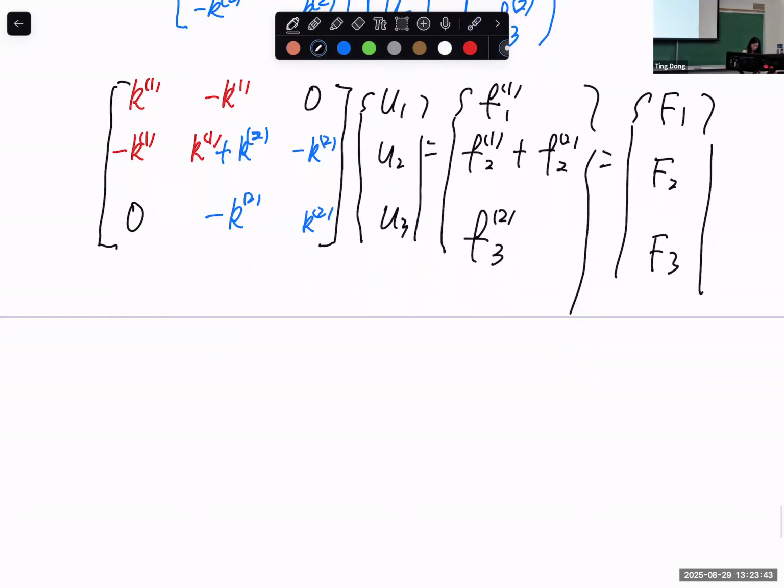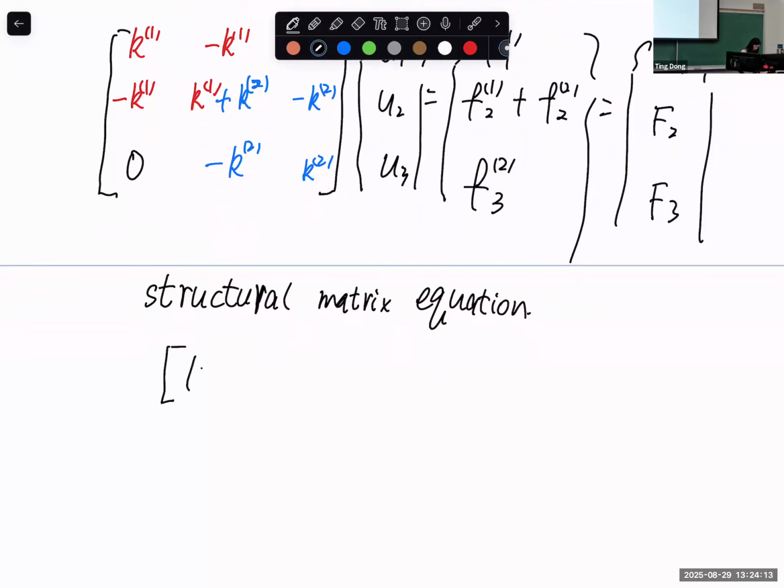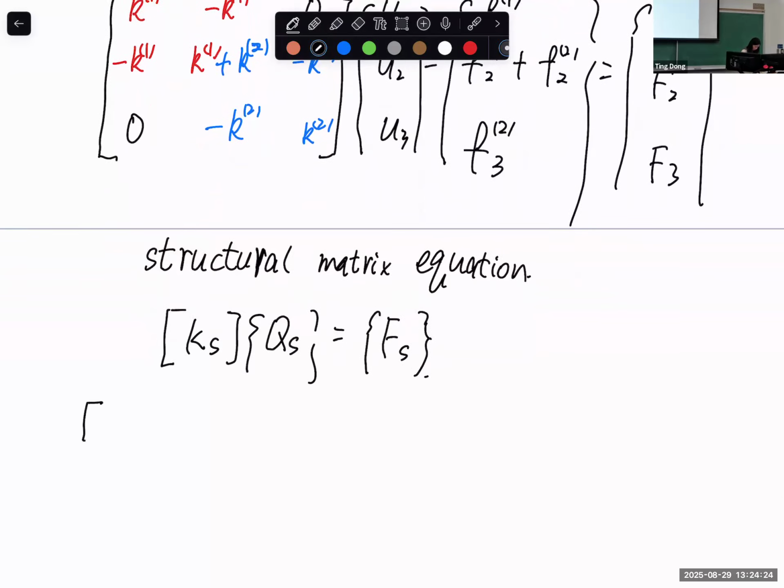So now in general, we can say that after assembly for a system, it's called a structure matrix equation, KS QS equals FS.